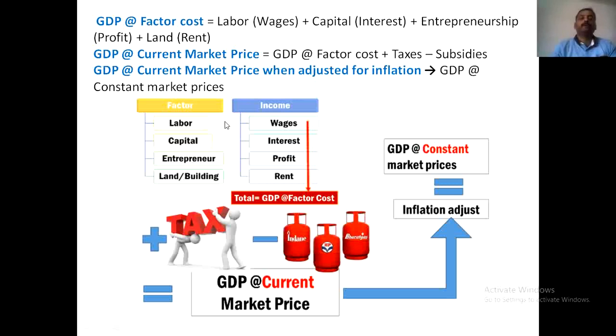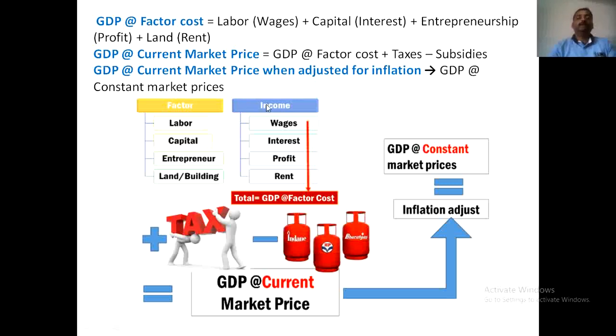So the entrepreneur earns income in terms of profit. Now, the fourth point is land or building. Say we have a land or we have a building. We earn income by using land or building. When can we earn the income? When we give that land or building on rent. Then we get income from the particular land or building.